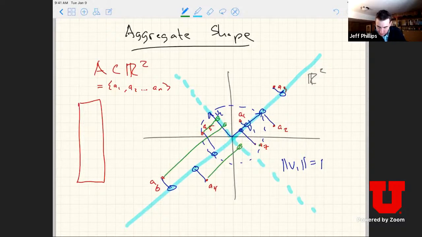Scrunched up is not actually a technical term, but they're more compressed along this space. So the V1 direction, the one I'm finding, is the one that keeps them as stretched out as possible.